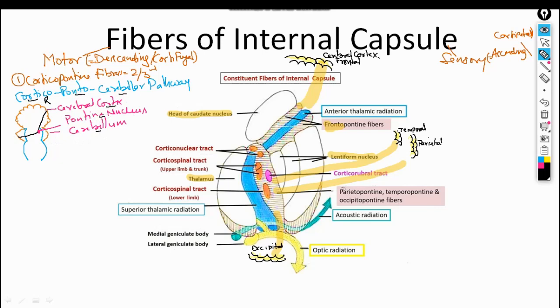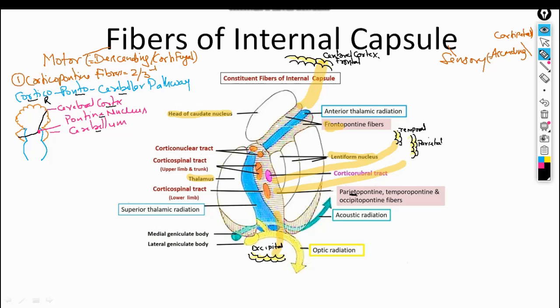So say I am talking about this parieto-pontine fiber. How will the path be? It will path this way. The fibers from the cerebellum of the other side will cross and go to this pontine nucleus. Then the fibers will ascend and go to the internal capsule, and from there the fibers go to the parietal lobe, that cortex area.